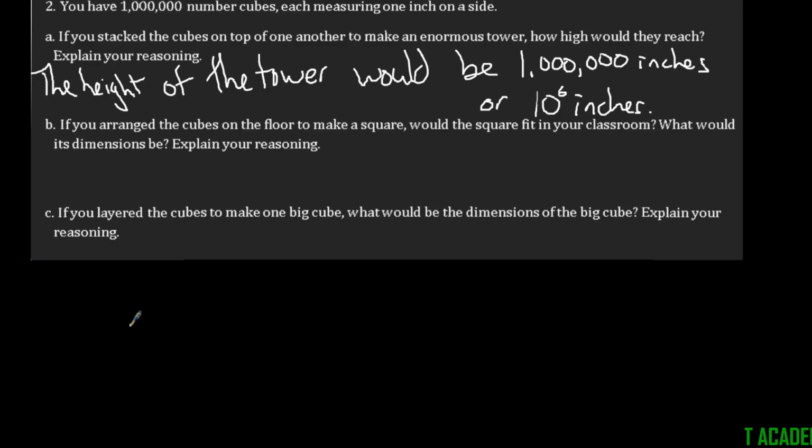Then for part B, it says if you arrange the cubes on the floor to make a square, would the square fit in your classroom? What would its dimensions be? So let's try for this one.